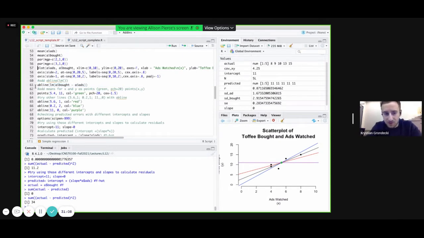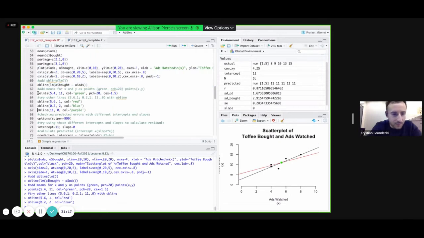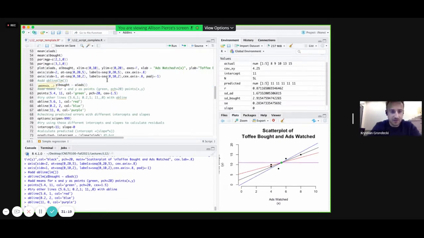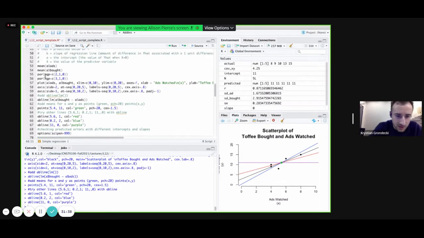Is it when you run the first line? Oh, I see what I did. I was putting lm in the code for the three ablines. Abline just draws the line. Abline takes an intercept and slope. I was just copying and pasting. Thank you for checking the chat.